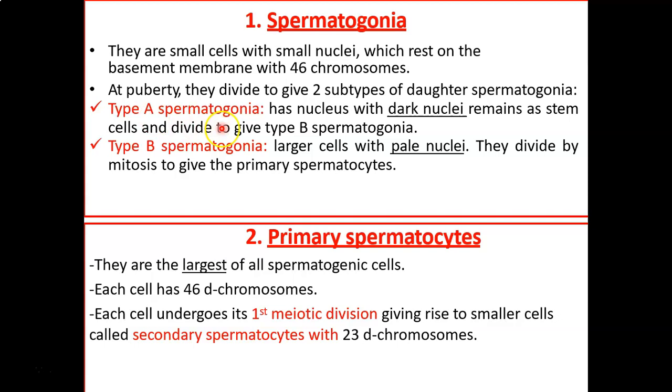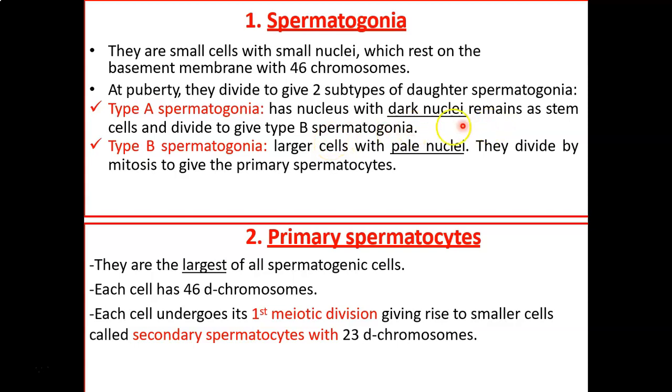Type A spermatogonia have dark nuclei, and they remain as stem cells and divide to give type B spermatogonia.